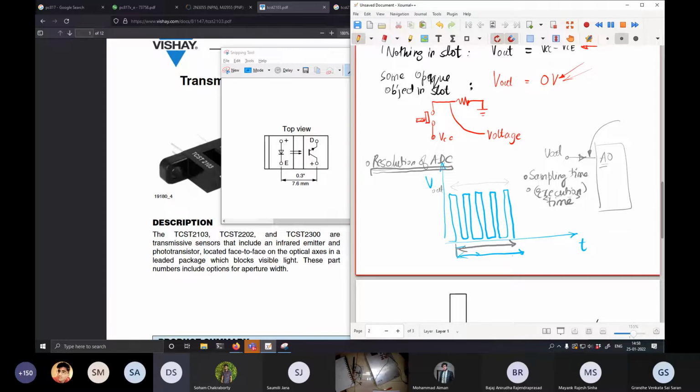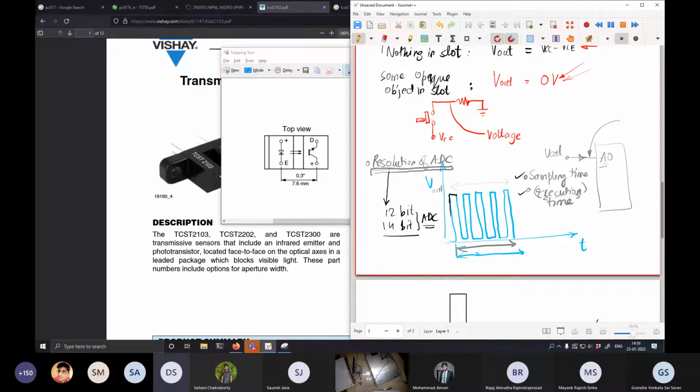I think you know the answer, but I think you might have done it in DIY lab as well. How does the resolution of the ADC have anything to do with sampling time or the execution time? Well, the answer is pretty simple. If you are trying to capture the voltage with the help of a very large, like 12-bit or 14-bit ADC, it will take more time and more clock cycles for the analog to digital converter to actually take the analog input, convert it into digital and feed it to the microcontroller logic.